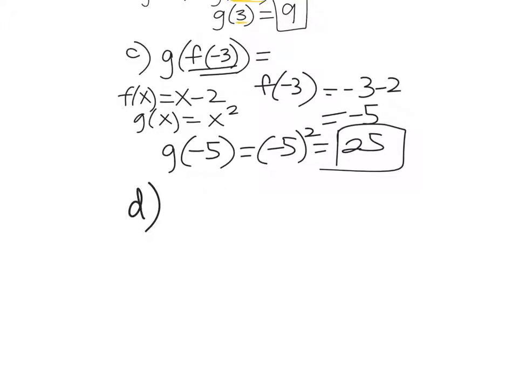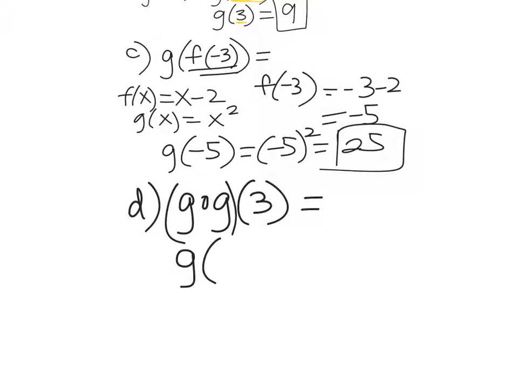It's hard. Okay. How about g of g of 3? Are we just putting it into the function? Yeah. Now, remember, a lot of people don't like it written with that circle.